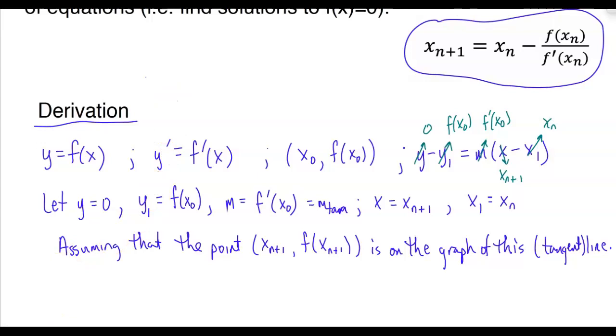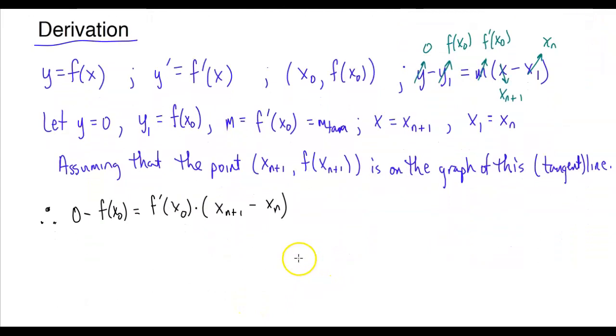Then what this turns out to be is just 0 minus f of x sub 0 equals f prime of x sub 0 times, in parentheses, x sub n plus 1 minus x sub n.